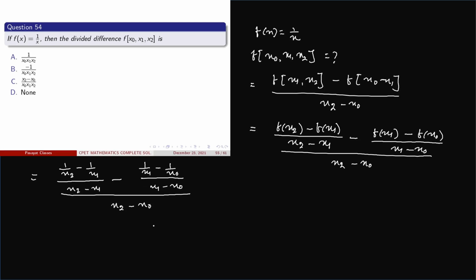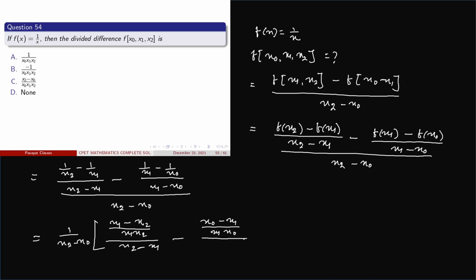So this can be rewritten as 1 by x2 minus x0, into x1 minus x2 divided by x1 x2, whole divided by x2 minus x1, minus x0 minus x1 divided by x1 into x0, divided by x1 minus x0.